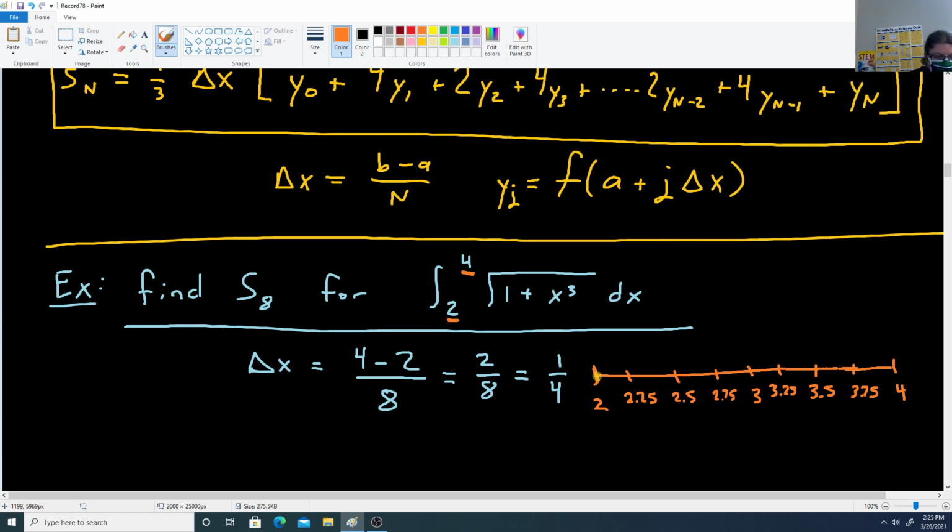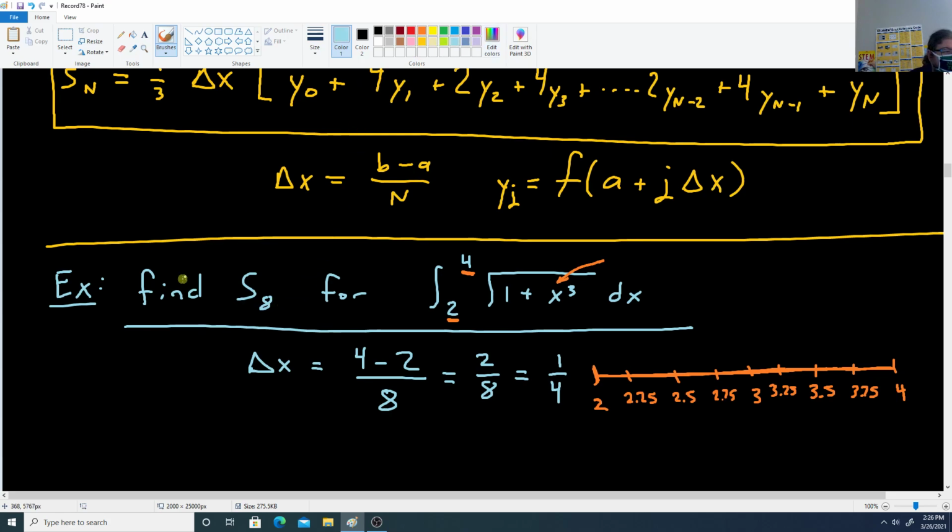This tells me the inputs that we'll be plugging into the x in the function inside the integral: 2, then 2.25, 2.5, and we can see there are 1, 2, 3, 4, 5, 6, 7, 8 intervals, which matches what we expect.